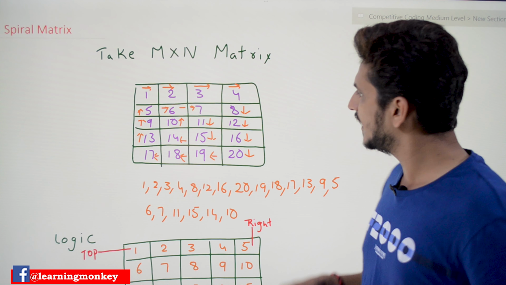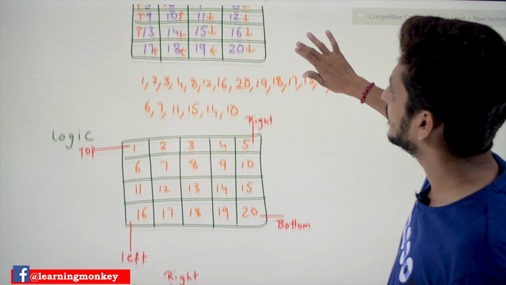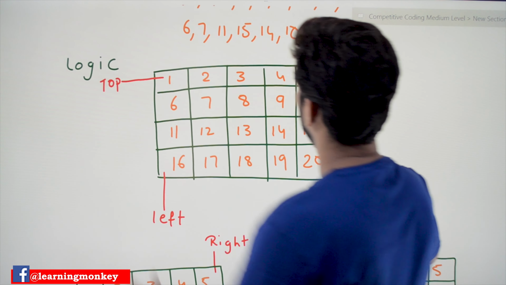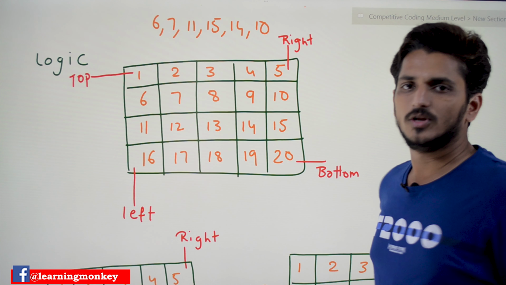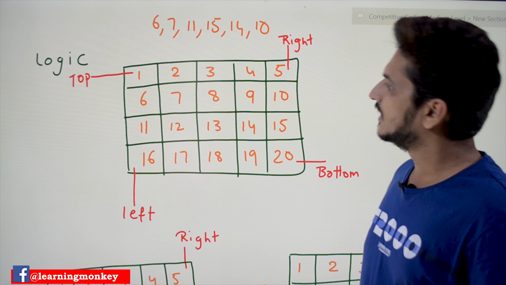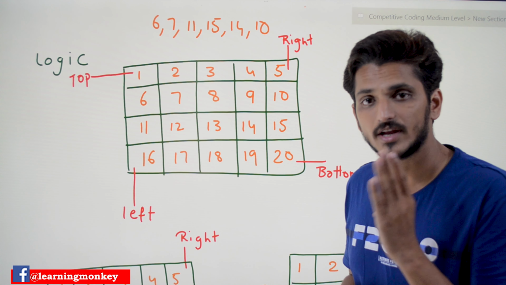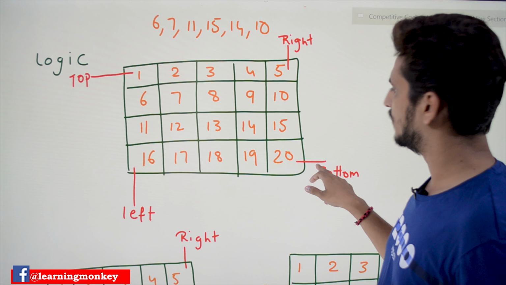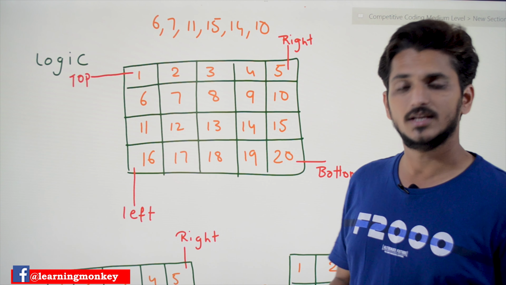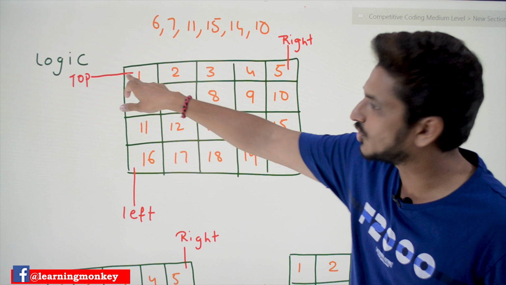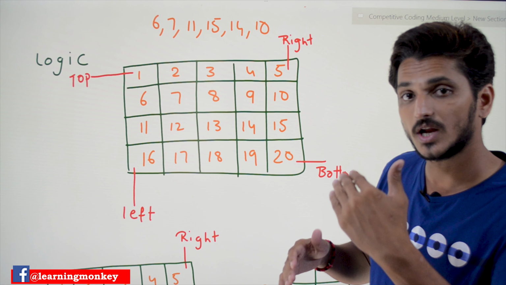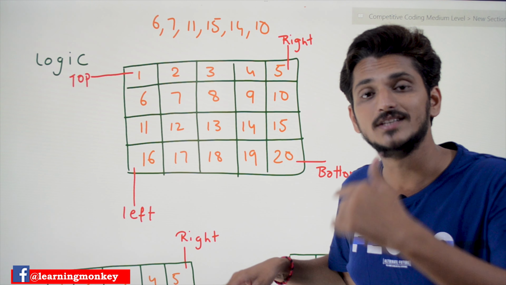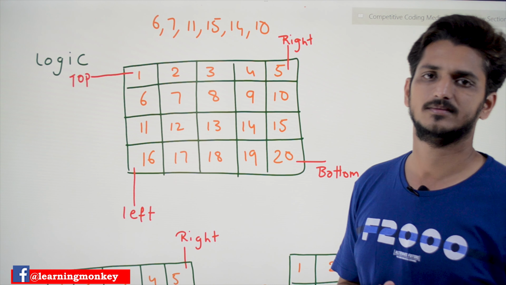In order to display the output like that, the logic goes like this. We are going to take 4 different variables: top, right, bottom, and left. Top always points to the topmost line in our matrix that is not yet displayed.